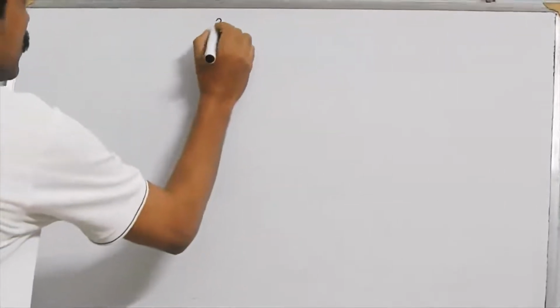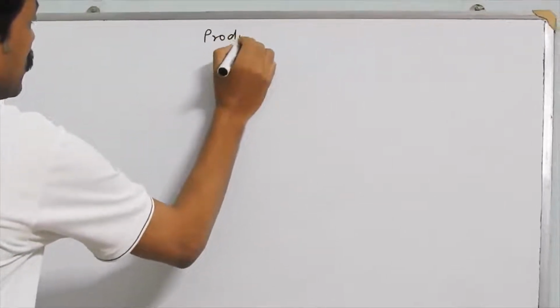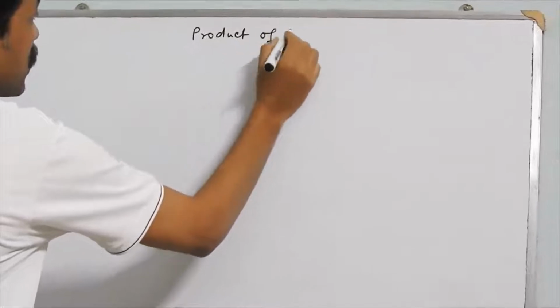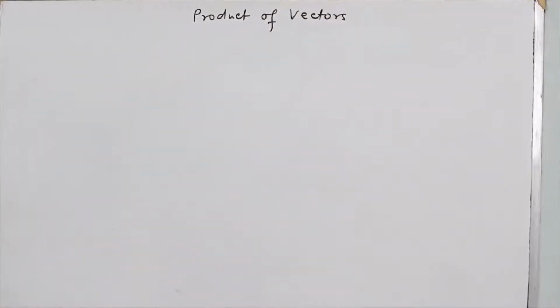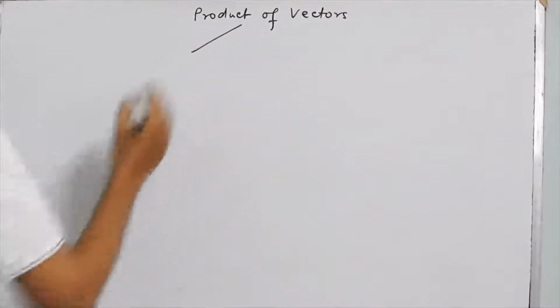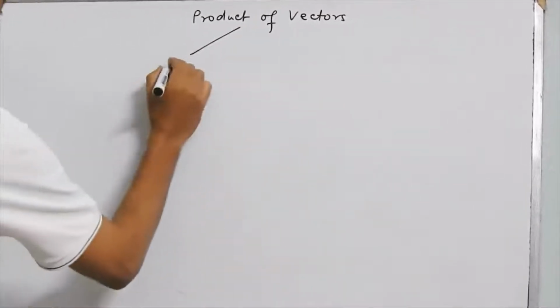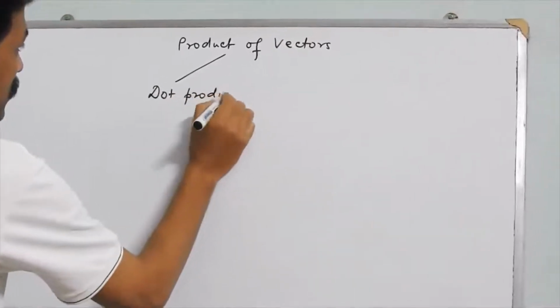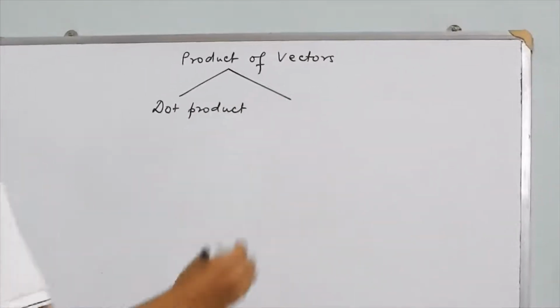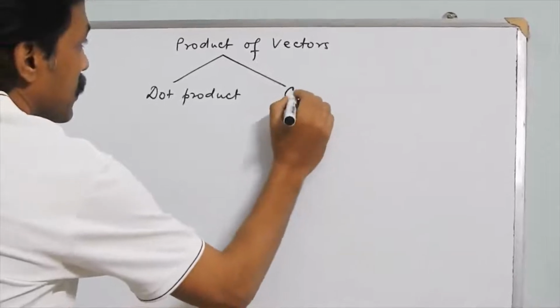So now we will learn the product of vectors. Whenever we consider the product of vectors, it is obviously of 2 types. One is called the dot product of 2 vectors, and another is popularly called the cross product of 2 vectors.